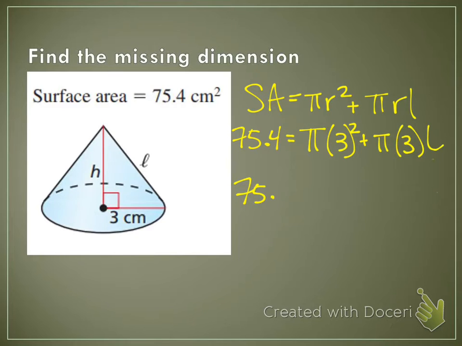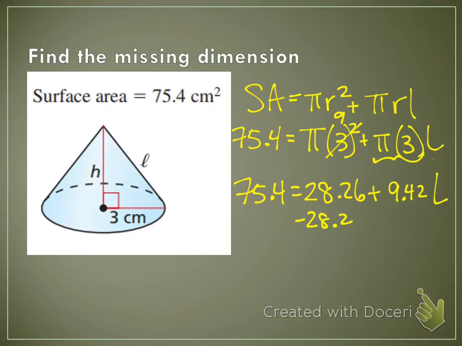So 75.4 equals 3 squared is 9. 9 times pi is 28.26. Correct. Plus, what is 3 times pi? 9.42. And then still L. So what is the appropriate thing to do next to solve for L? Subtract the 28.26.